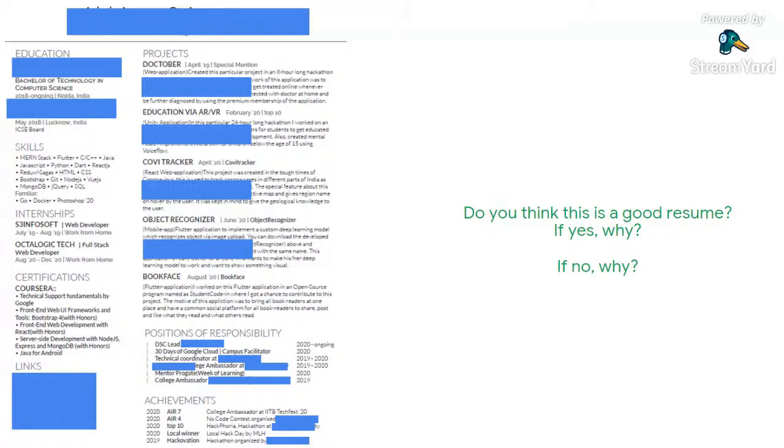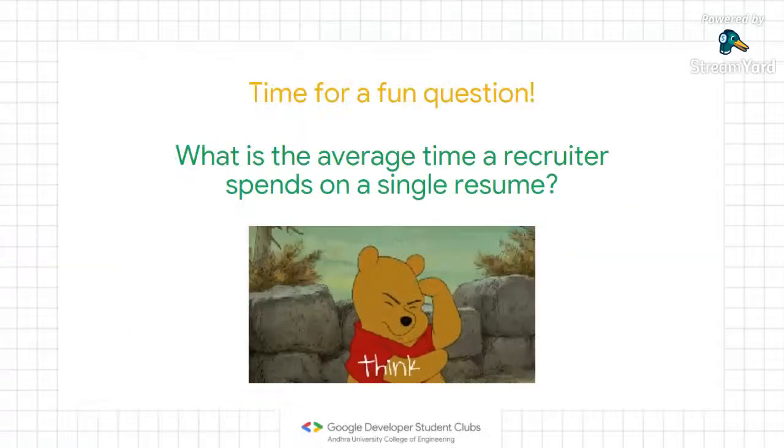Writing about my bachelor's as well as master's makes sense, because if I'm going to apply for a job or an internship, it would add value as it is related to my domain, and what I have previously done in my bachelor's would also hold value. So it totally depends on your decision if you would want to add your past education institutions. Okay, all right, so we'll move on.